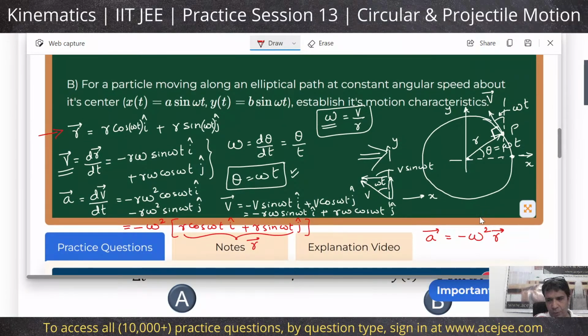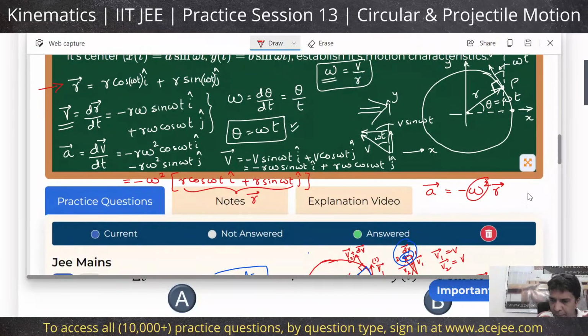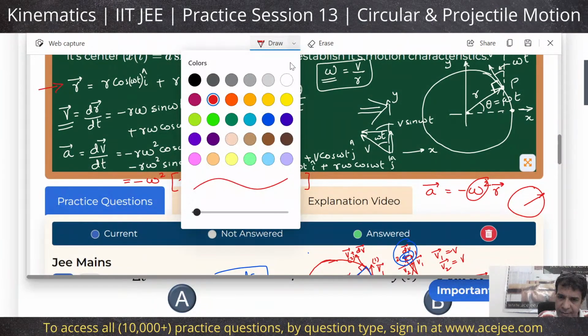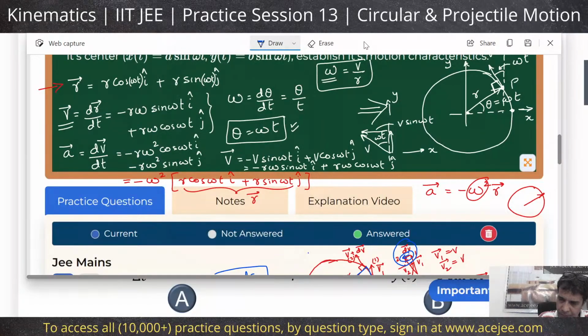So this is minus some positive quantity times r cap. So what does it mean? That at this point, this was my r vector, so the acceleration vector is pointed towards the center. Oh, okay, sir. Got it. Yes, sir. Got it, no? Okay, so we have proved a couple of things.